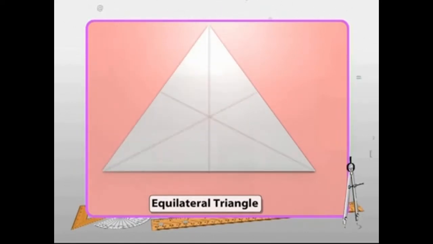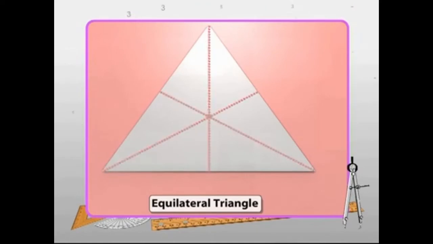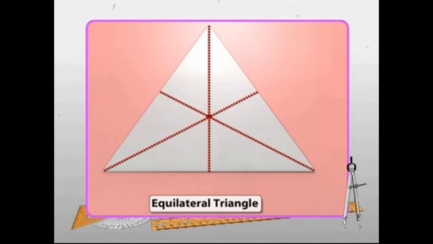Here we can see that the two halves of the equilateral triangle coincide along the 3 lines. Thus, an equilateral triangle has 3 lines of symmetry. In the figure, lines of symmetry lie along the angle bisectors and the perpendicular bisectors of the 3 sides of the triangle.